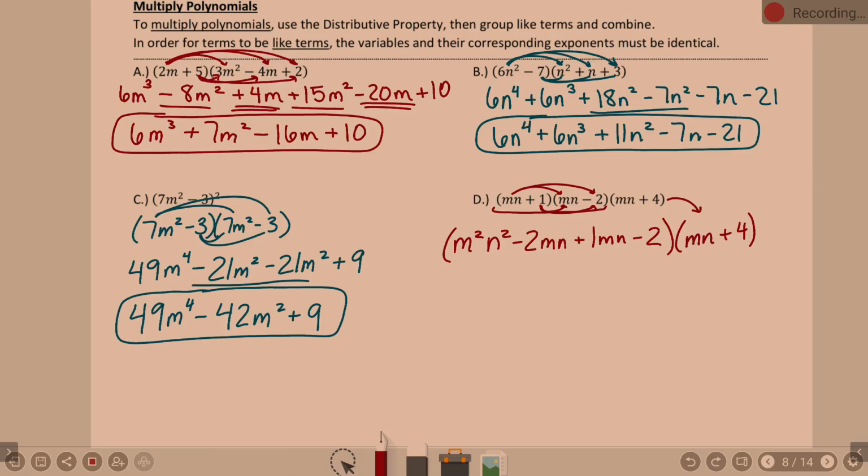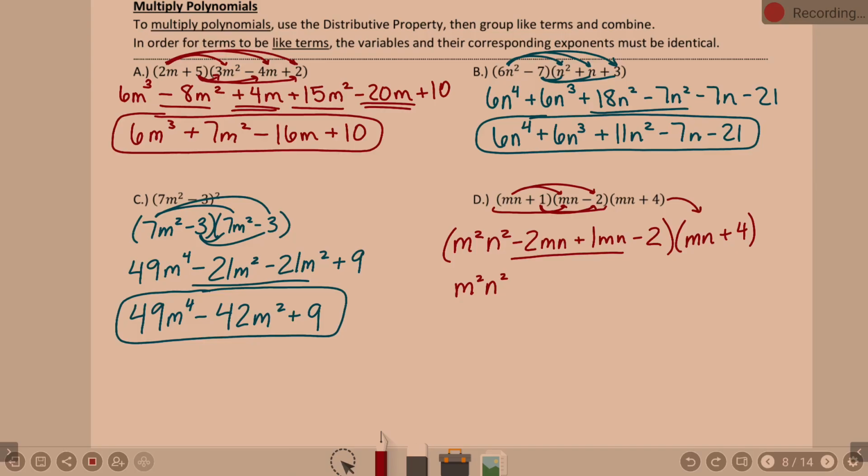Now, I would encourage you, is there any cleanup I can do in that first parenthesis? Should be a little bit of cleanup. And I would encourage you to clean up before we start multiplying again, just because it'll make things a little bit better. So, m squared n squared minus 2mn plus 1mn is going to be what?